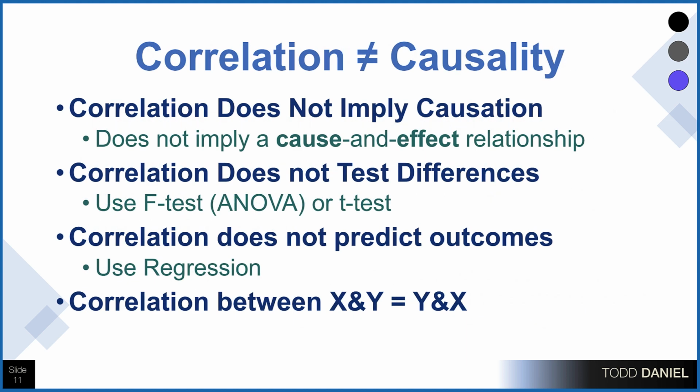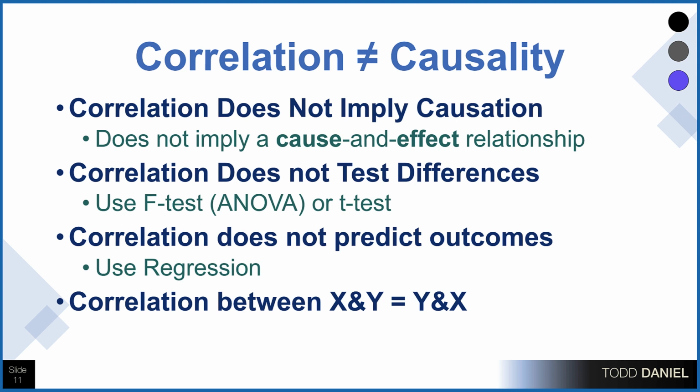We should remember that correlation does not imply causation. There is no cause and effect relationship being tested with correlation. Correlation also does not test for differences between variables. If we want to look for differences, we'll use tests like the F-test, ANOVA, or a t-test. Correlation does not predict outcomes.